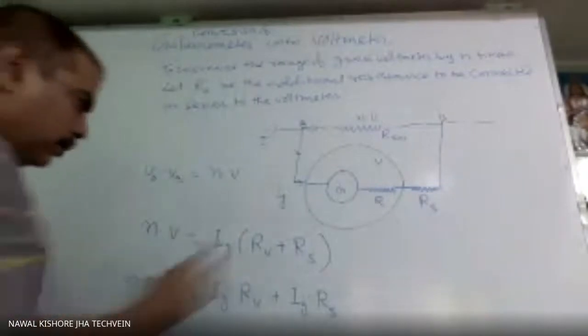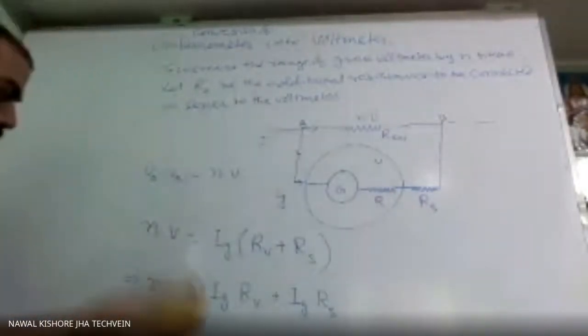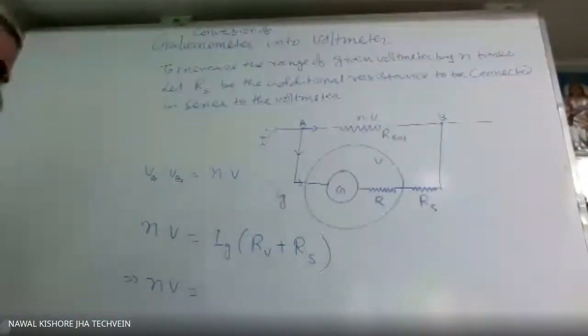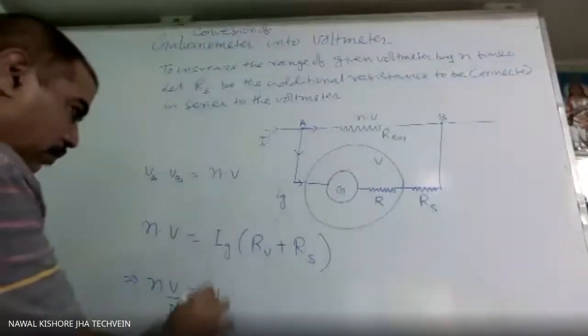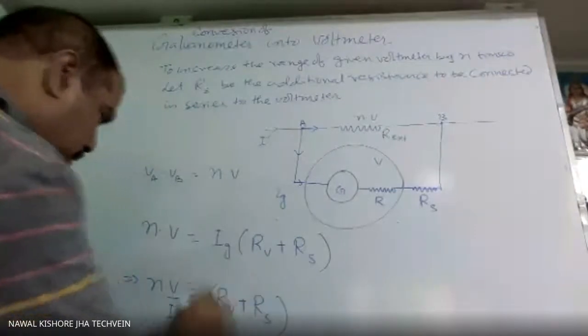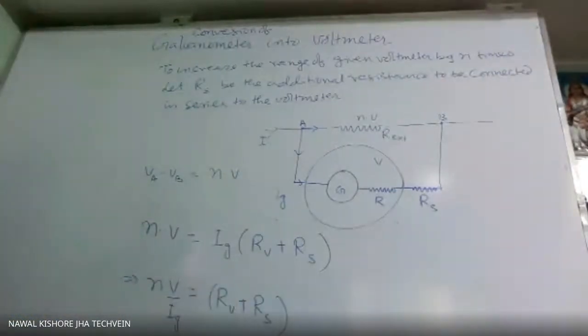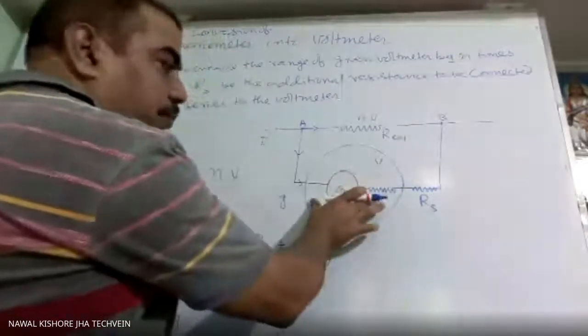Or directly, Ig we can take to this side, that will be better. V over Ig will be RV plus RS. Now the potential difference across this is V only.